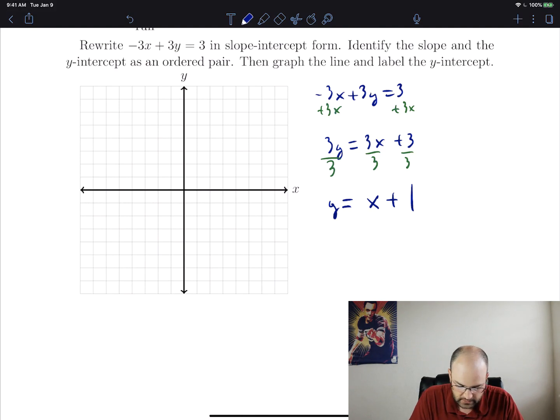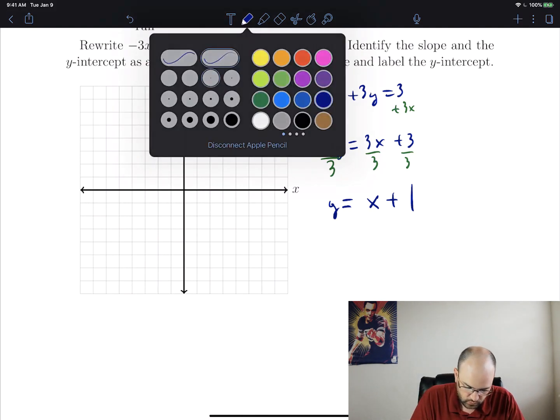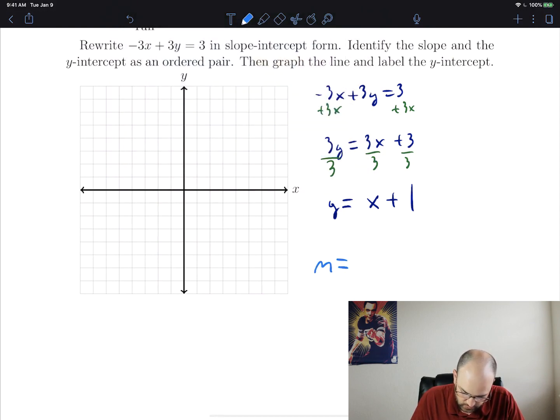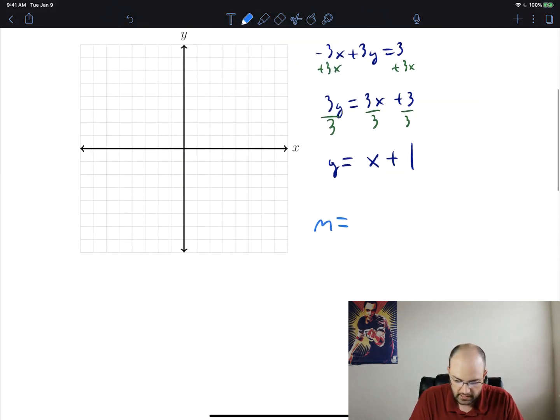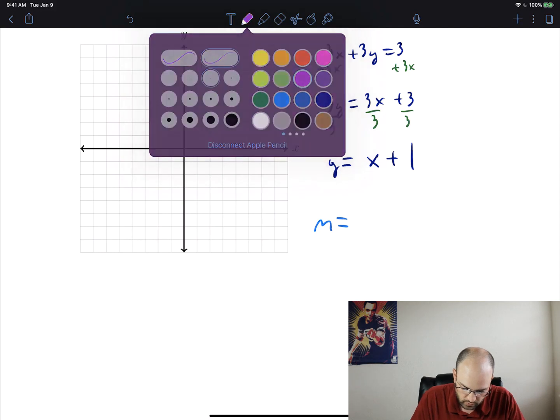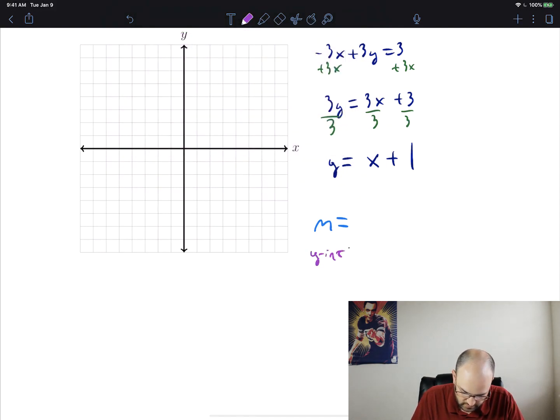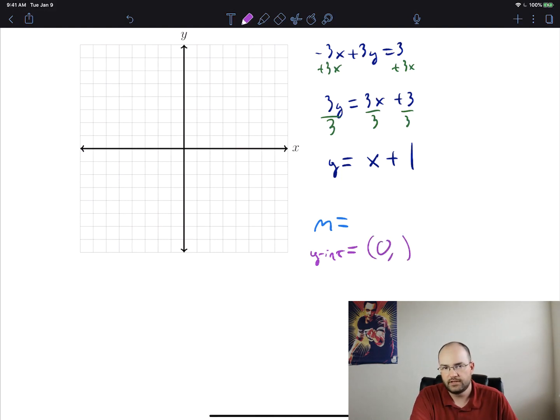Good. Now, we want to find two things. We want to find m, which is your slope, and your y-intercept as an ordered pair. The y-intercept is always 0, comma, a number.